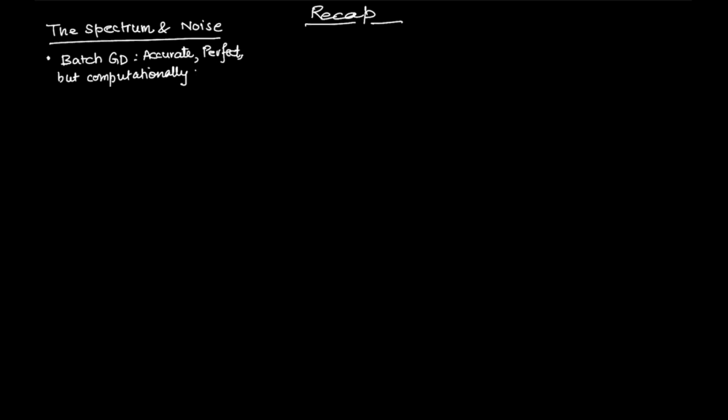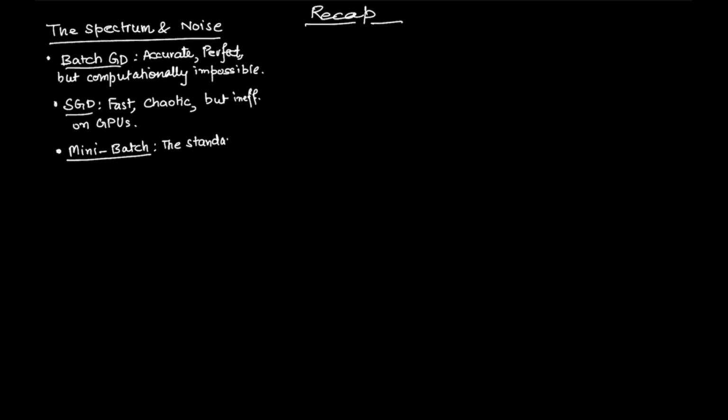Now let's recap the mechanics of training. We have the spectrum. First is batch gradient descent, which is accurate, theoretically perfect, but computationally impossible. Next, we have stochastic gradient descent or SGD, which is fast, chaotic, but inefficient on GPUs. And finally, we have mini batch gradient descent. The standard, it balances speed via GPU SIMD vectorization and stability.